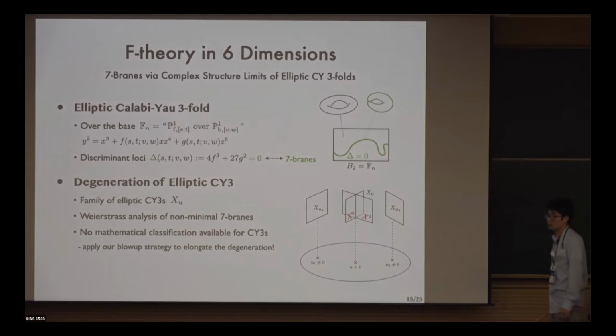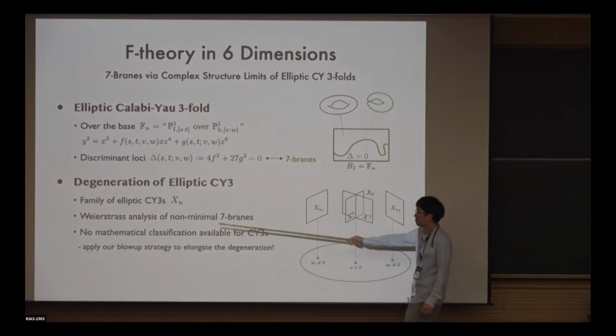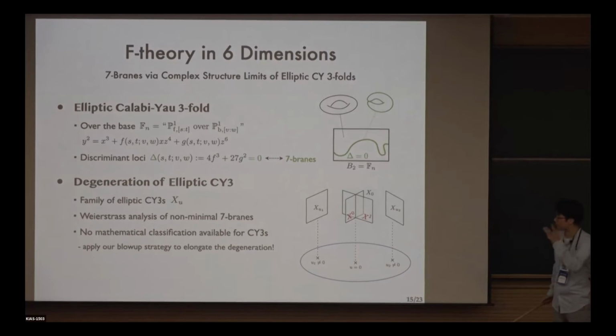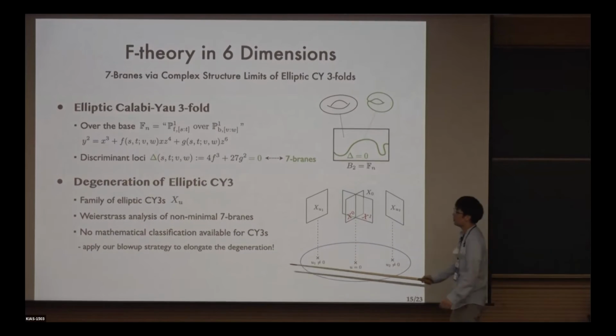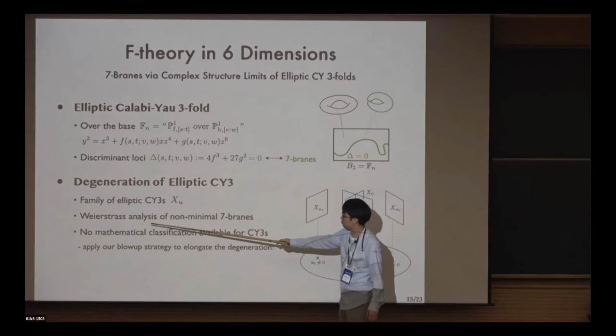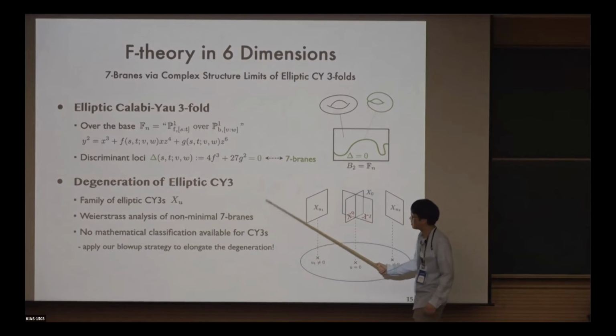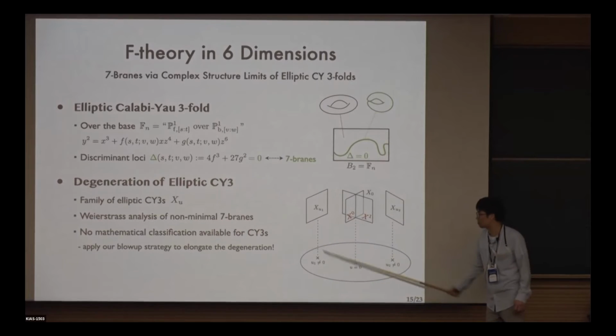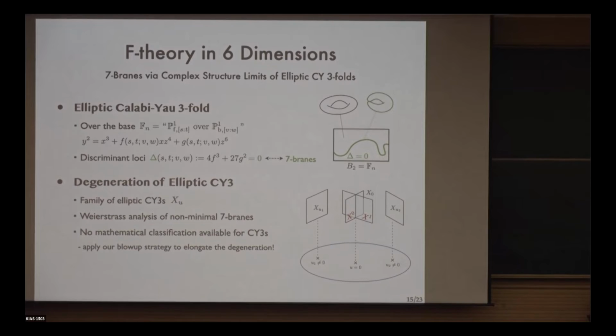However, because we are interested only in the fiber degeneration of elliptic Calabi-Yau threefolds for studying the brane moduli limits, we can just apply the Weierstrass strategy we developed for K3 surfaces even to the Calabi-Yau 3 cases. And indeed, we will this way try to obtain and read off the physics of these non-minimal 7-branes in the 6D setup. So that's what we will do.